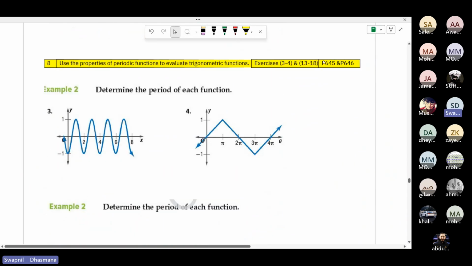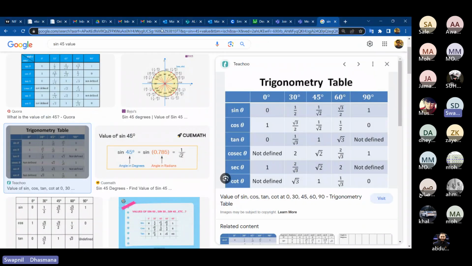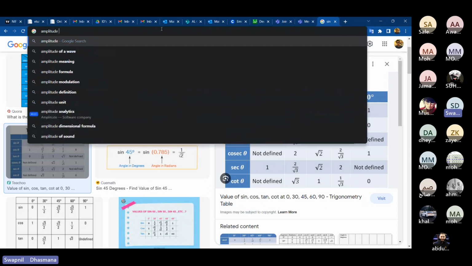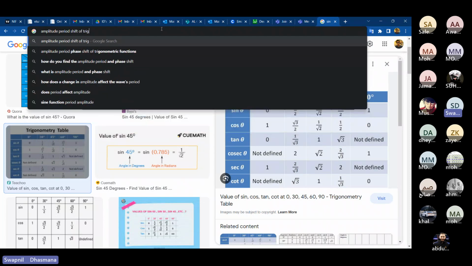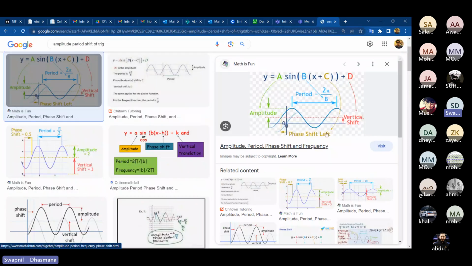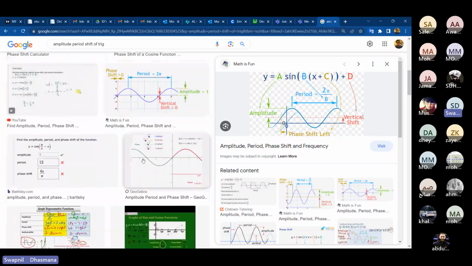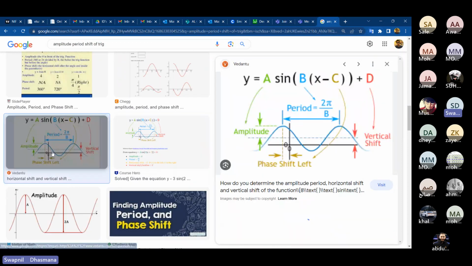Okay, wait, I think I have, oh, that's, we just copy paste something for you. Perfect. Same thing.